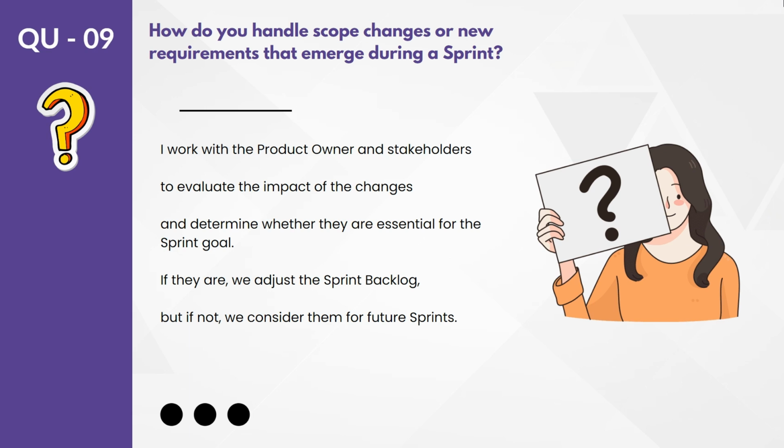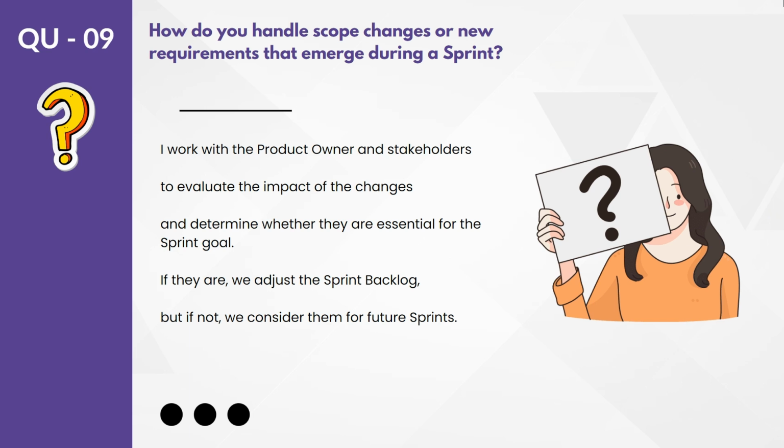So first, when you see some scope changes or new requirements that emerge during a sprint, the understanding is what? We have started the sprint, we have got some stories assigned in sprint planning. So I know in this sprint I am going to deliver this set of stories. But after the sprint starts, there are some scope changes.